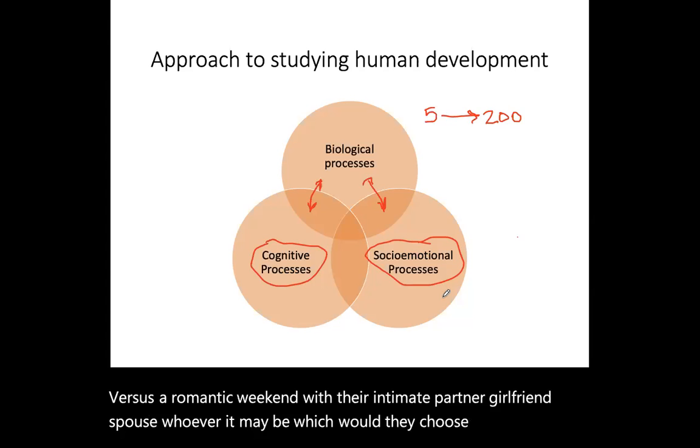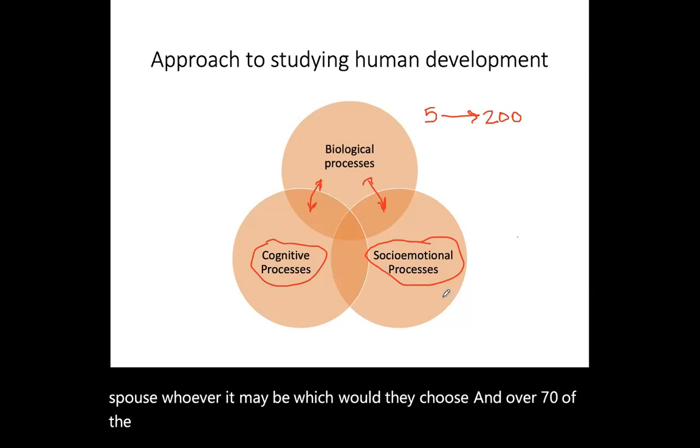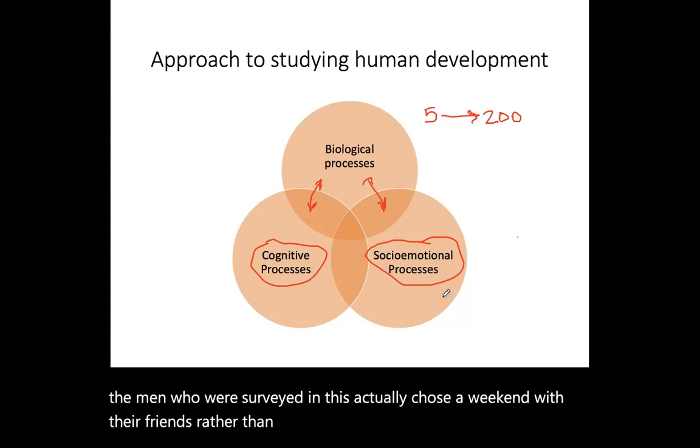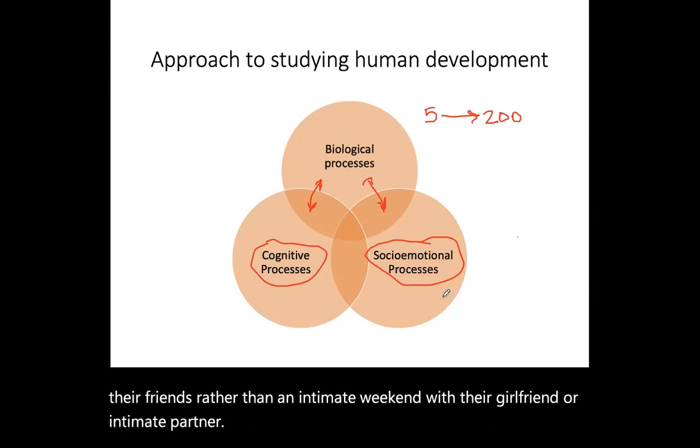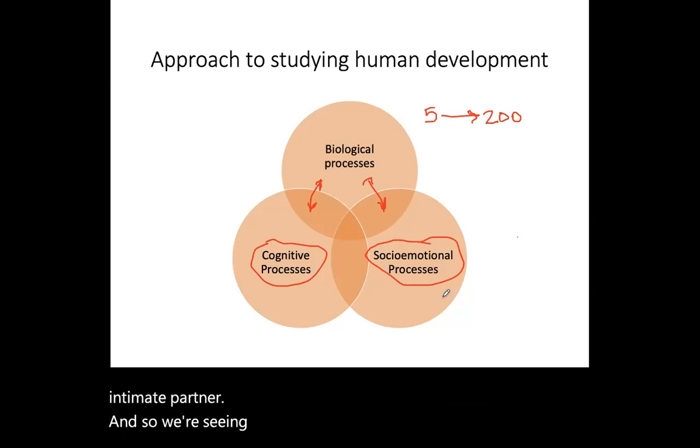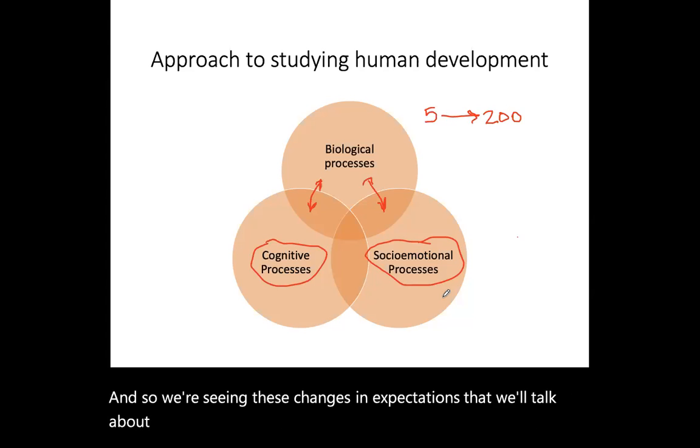And over 70% of the men surveyed actually chose a weekend with their friends rather than an intimate weekend with their girlfriend or intimate partner. And so we're seeing these changes in expectations that we'll talk about when we get to young adulthood.